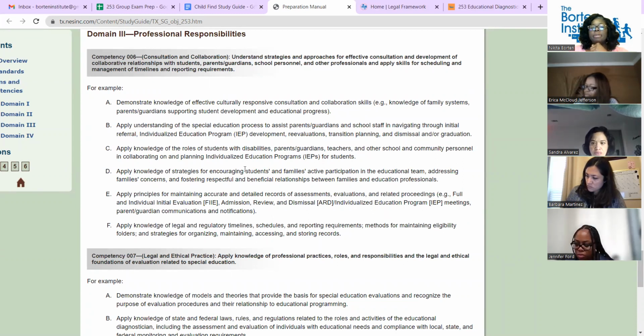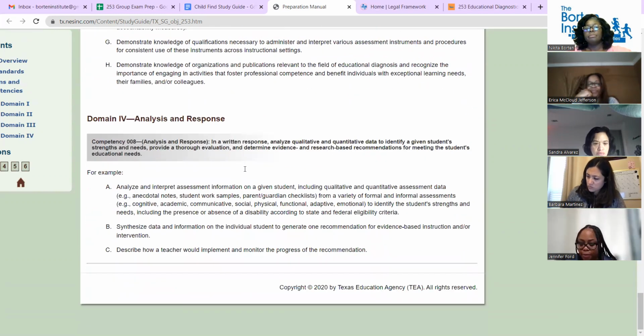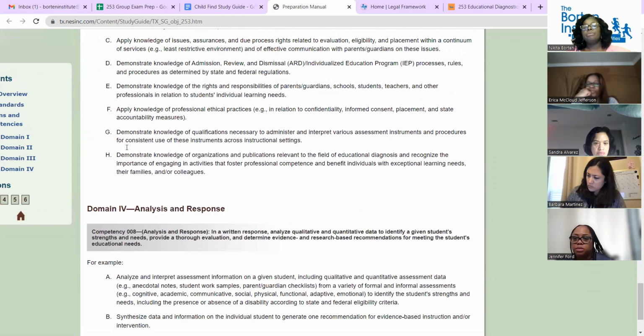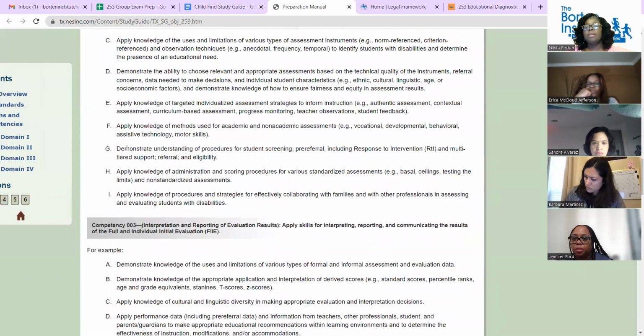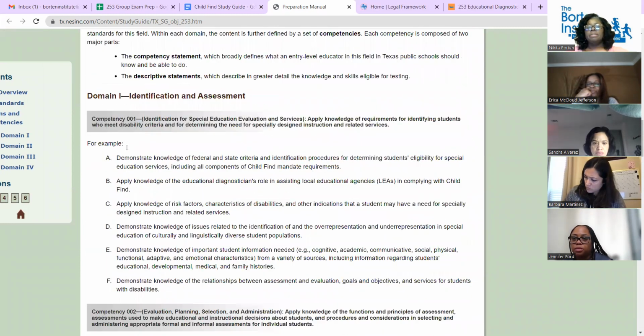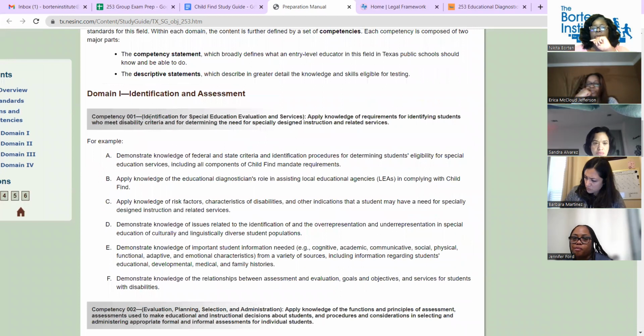Competency 6 is how you are bringing in other collaborators, other stakeholders into your world of special education. And then domain 4, like we said, is the constructed response, competency 8. So it's really important to know what the framework of the exam is. Today we're doing domain 1 and we're just focusing right here on competency 1.